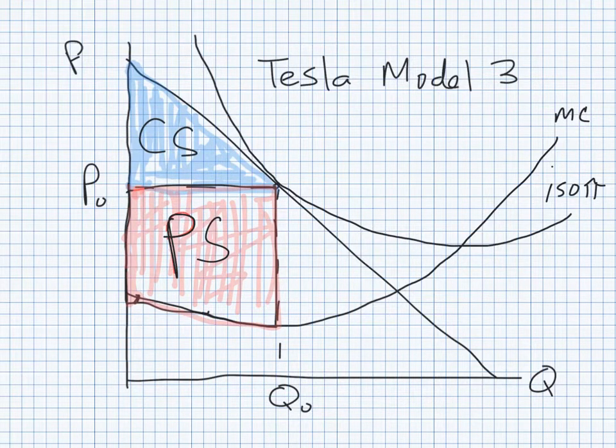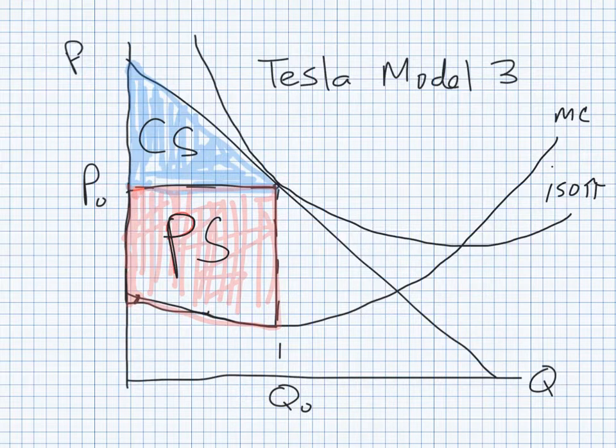All right. And then there's only one more element to discuss, and that is our deadweight loss. What is deadweight loss? Deadweight loss refers to, let's use yellow, see if that works for deadweight loss.